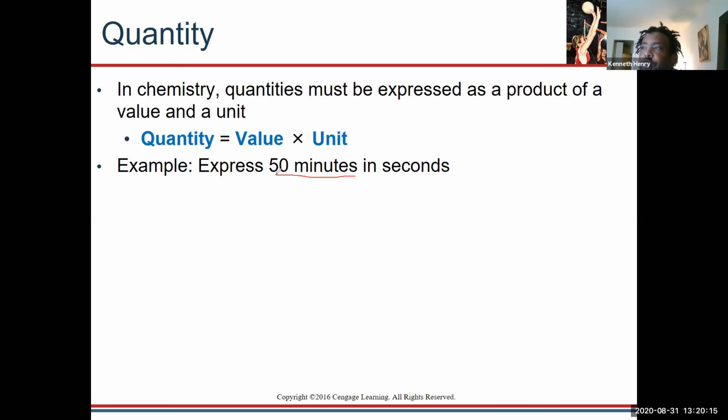We're just given minutes, so this is our given. Typically, when I set up a problem, I always start with my given, so 50 minutes. And I know that I want to get seconds.